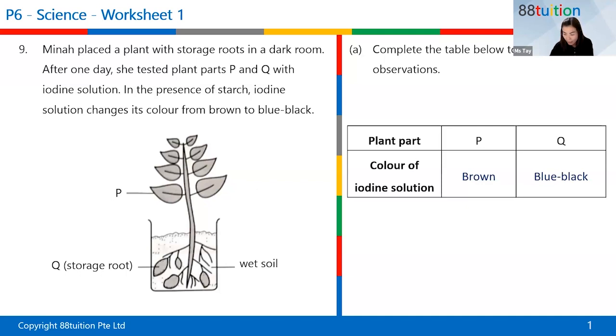Because it already has some starch contained there. It's just that overnight, there is no extra starch being added into the storage root, which is like, for example, a potato. So it caused the iodine to change from brown to blue-black because it already has starch in it.